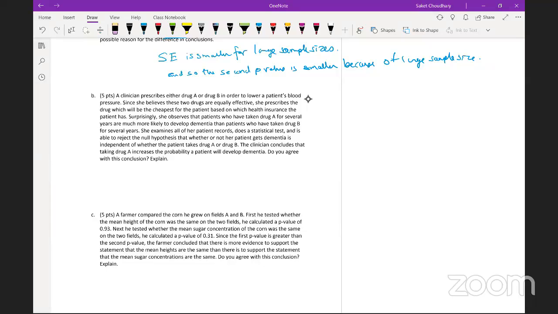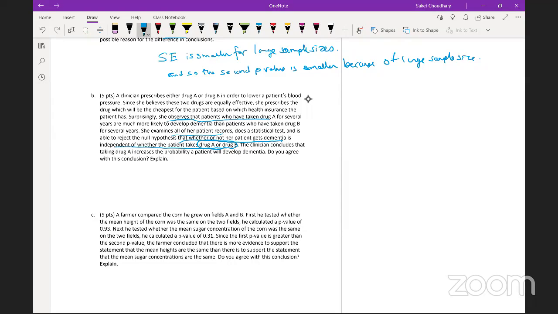This person has done an experiment, and the way she has done it is she has observed these patients. So it's an observational study of patients who have taken drug A for several years, and they are much more likely to develop dementia than the patients who have taken some other drug over different years. The person examines all these patient records and does a statistical test and is able to reject the null hypothesis that whether or not her patient gets dementia is independent of whether the person takes drug A or drug B, right?